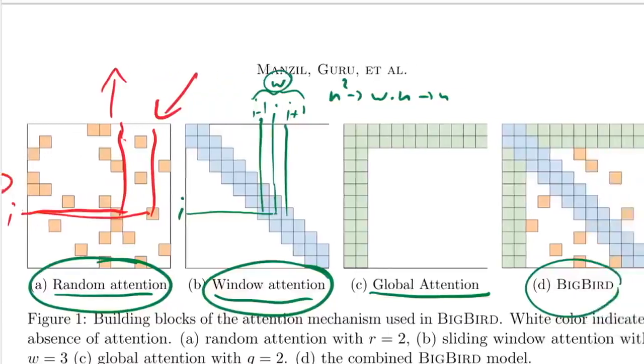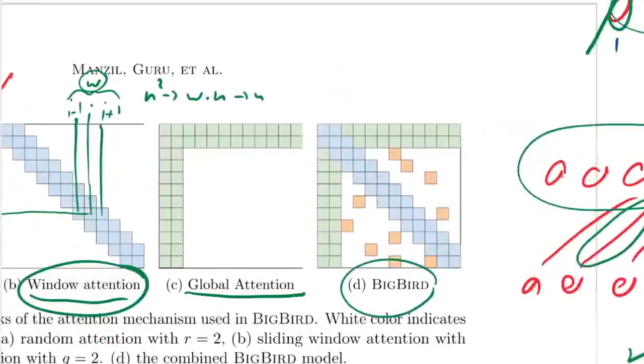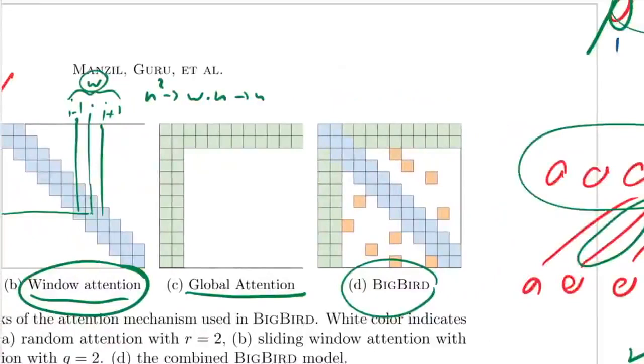And then the third ingredient is global attention. Global attention means selected tokens, fixed by the developers, that are so important that they are connected to everything else. For example, in these transformers you often have this CLS token.